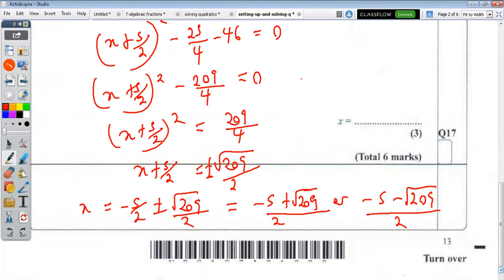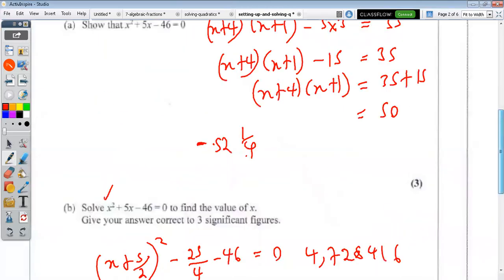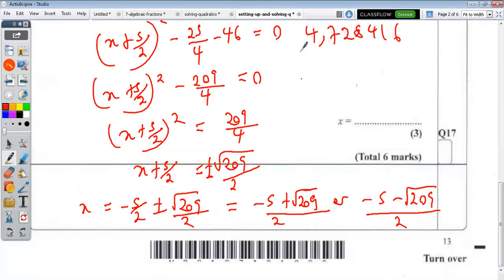We get 7 point something, but to 3 significant figures, so you're getting an answer like 4.728. I just want to mention something, 4.416. 3 significant figures, then this 8 here, so it becomes 4.73.